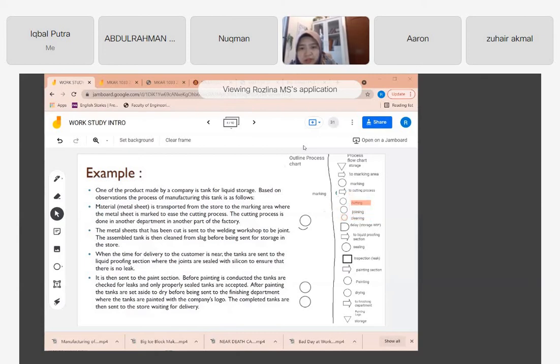There's one transportation between cutting and joining. Between cutting and joining, you have transportation. Okay, to welding workshop. Make it smaller.